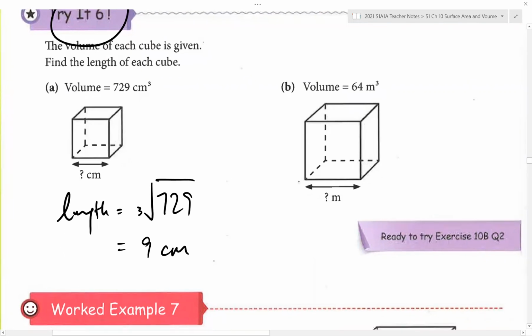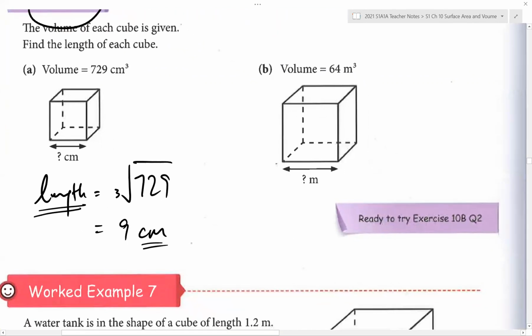Cubic. You sure cubic? Why is length measured in cubic centimeters? Length is in cm. No cube. Cube root of 64, we get 4.